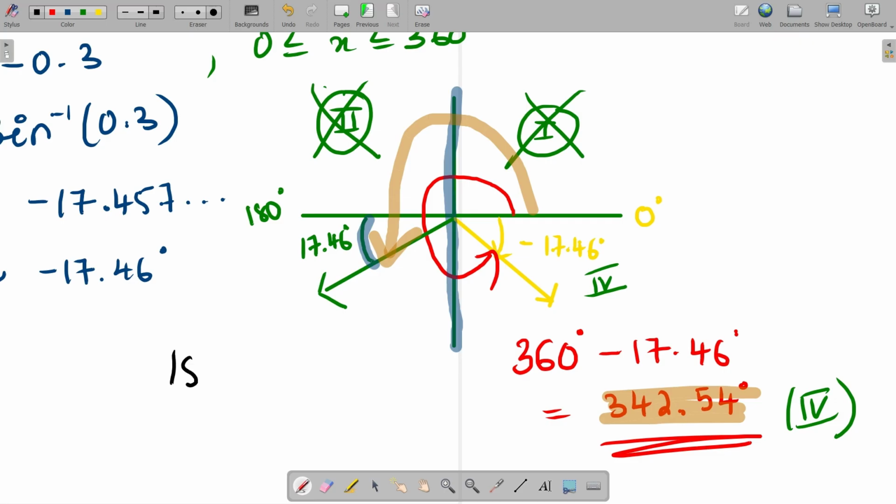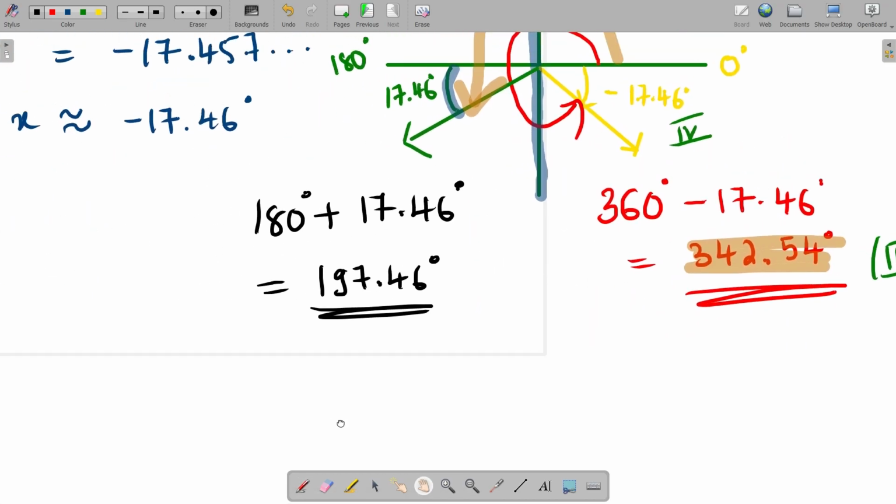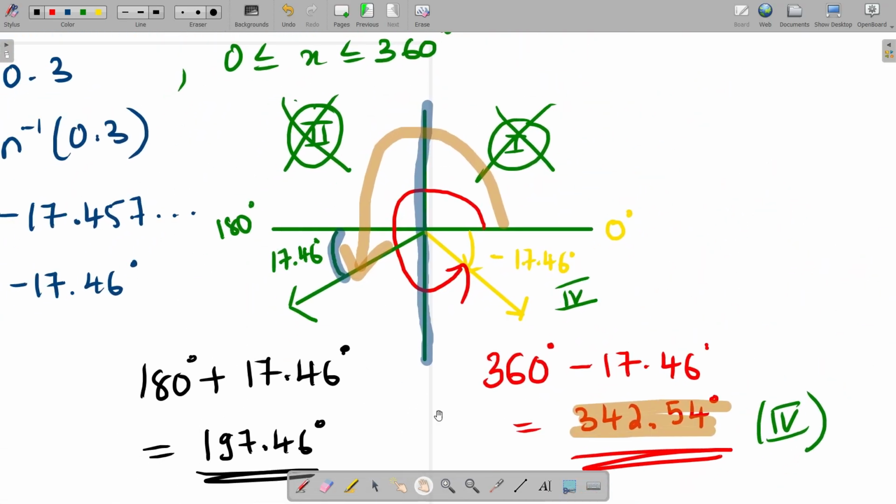So it will be 180 plus 17.46 degrees. So use your calculator. Okay, see, in your exam you are given a calculator, so make full use of it. You don't have to do it mentally.